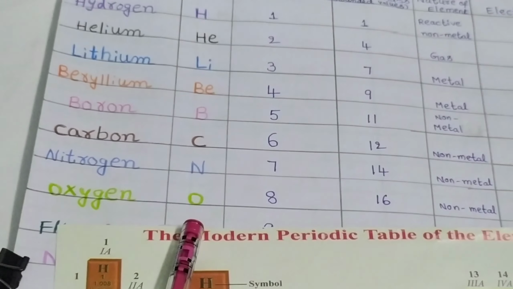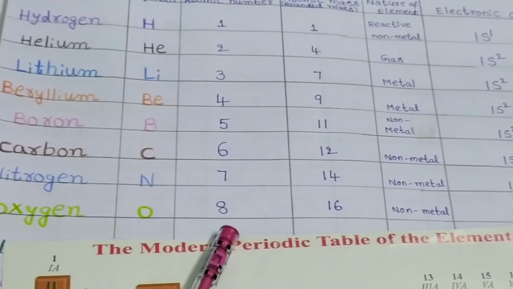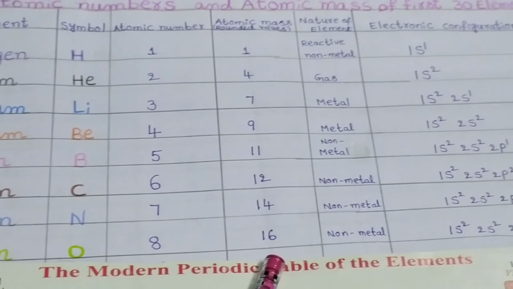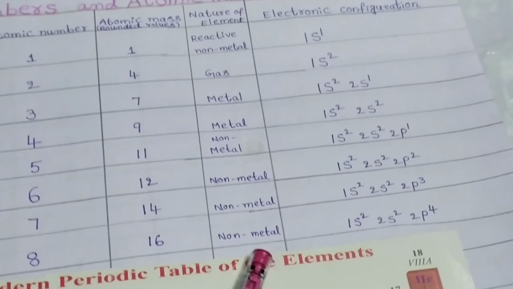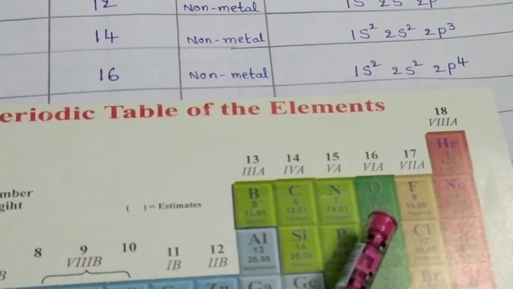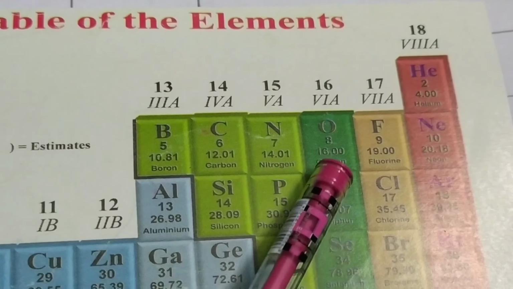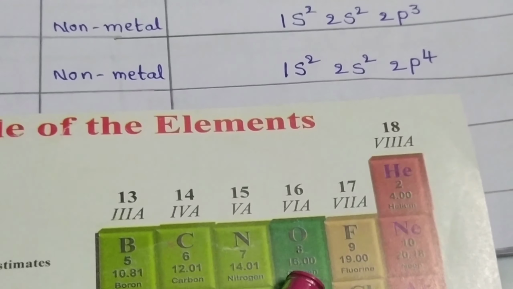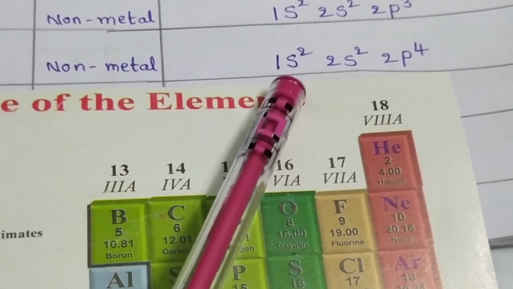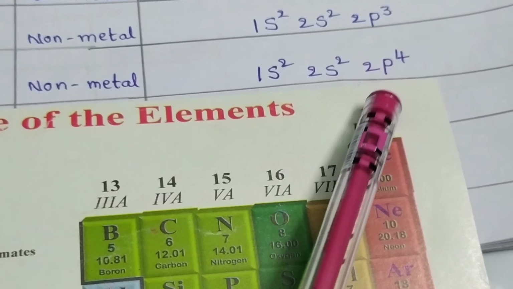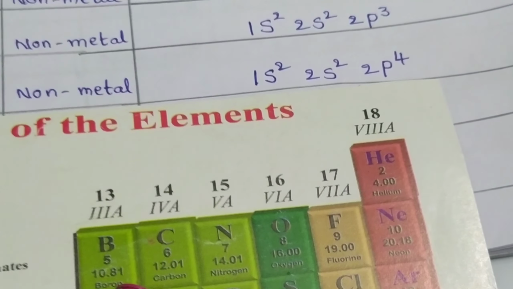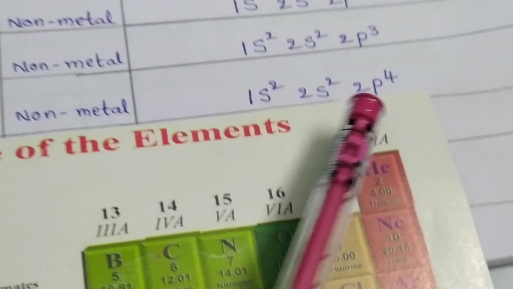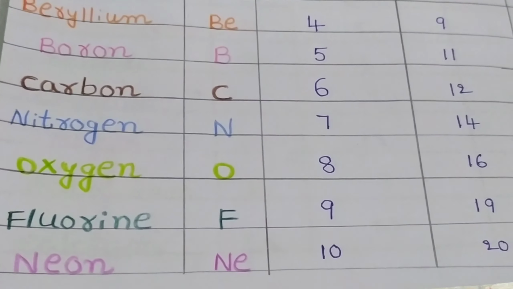Similarly, oxygen, symbol O, atomic number 8, atomic mass is 16. It is a non-metal. In the periodic table, oxygen is the fourth element in the p block. So the electronic configuration is 1s2, 2s2, 2p4, because it is the fourth element. Next, fluorine.